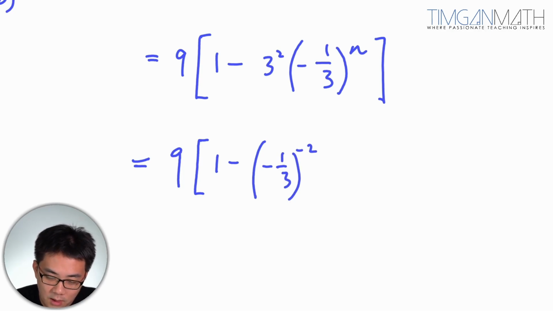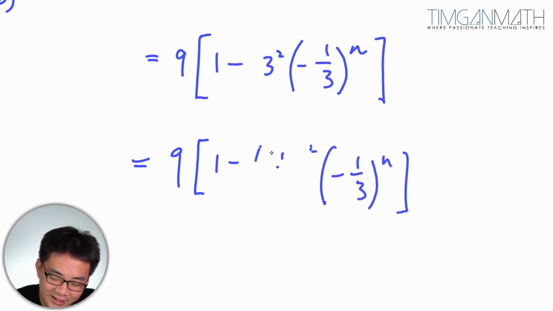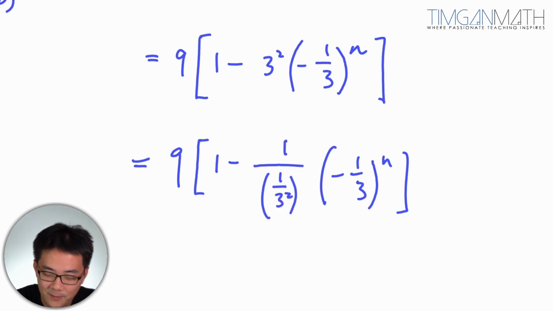What is going on in my head is that I need a negative 1/3 to the power of n out, so this will be 1 over 3 squared.